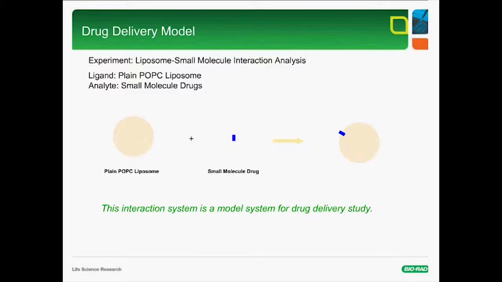The third novel application is a drug delivery model. It is based on a reagent kit we launched last year. It is called Liposome Capturing Kit, or LCP kit. Using this kit, we are able to immobilize liposomes on the sensor chip surface and measure the interactions between small molecule drugs and liposomes.